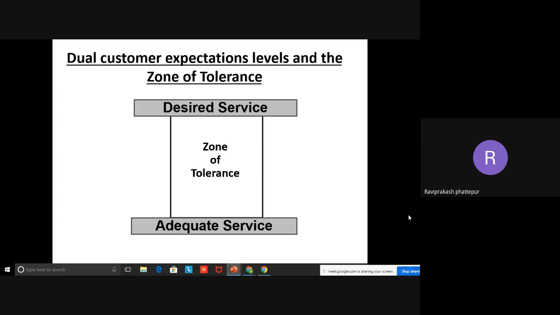One is you are having multiple service providers, and the service of each provider is a bit different from the other. Or it can so happen it is the same service provider, but he is having multiple employees, and a different employee is serving you or giving you service at a different moment of time.